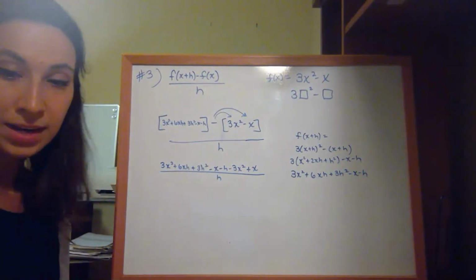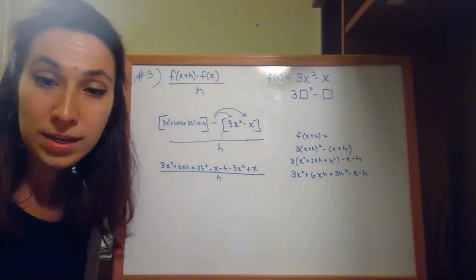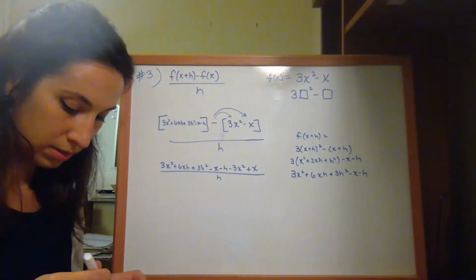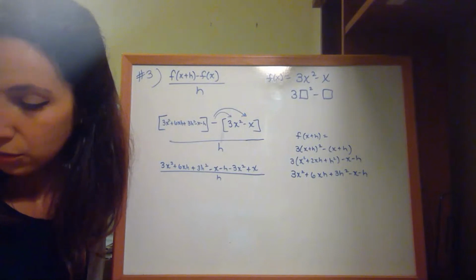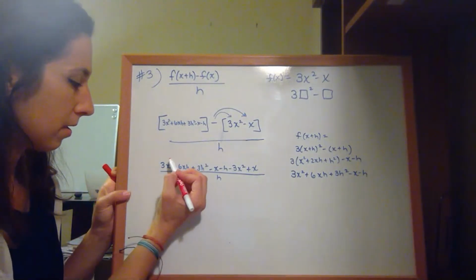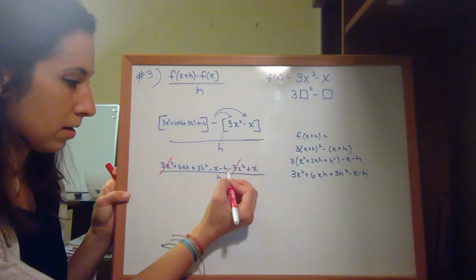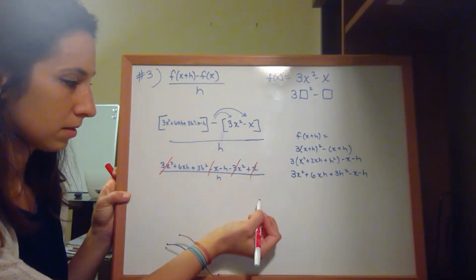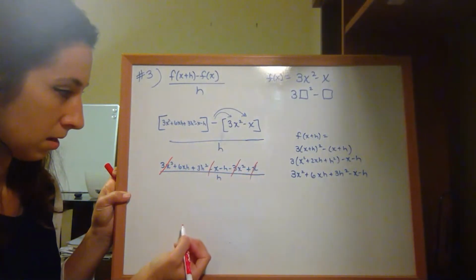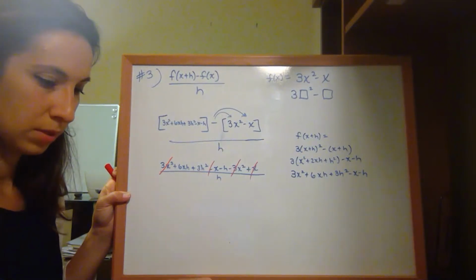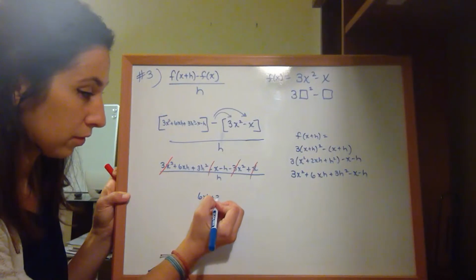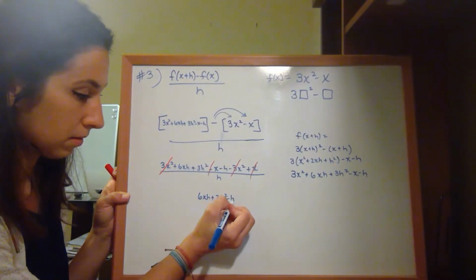Now this is where you're going to have the cancellation of terms. If you don't get a cancellation, then something's wrong. Let's do red. Negative 3x squared and 3x squared. Negative x and x. And that's it. All of the terms that are left over should have an h in it, which they do.